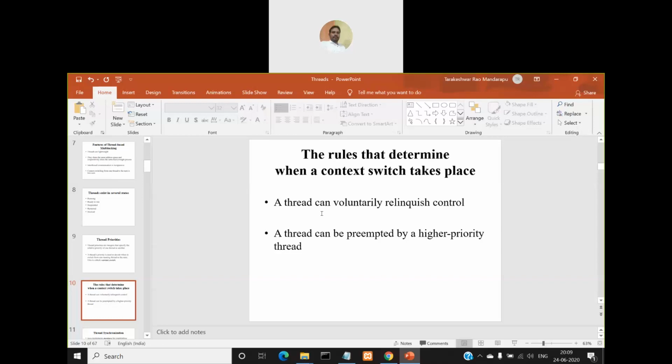In this context, we'll discuss the CPU only. A thread can also be preempted by a higher priority thread. So in two different situations, a thread can be released from the CPU and another thread can be given a chance for execution.